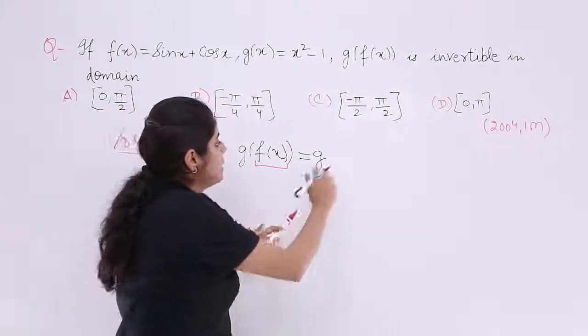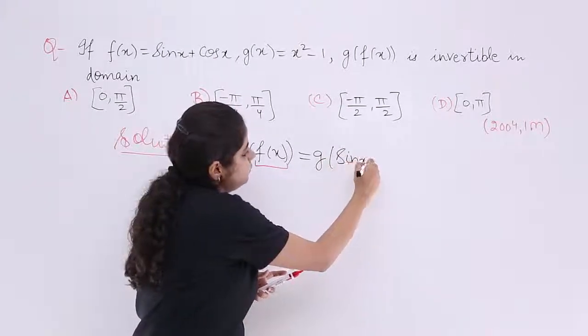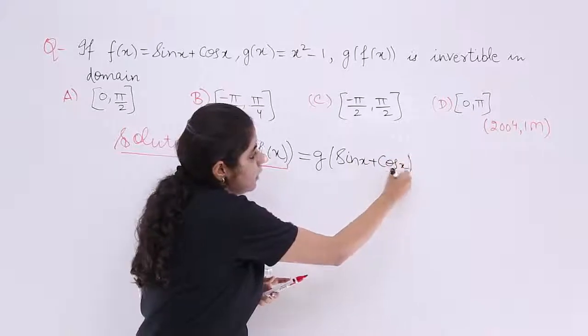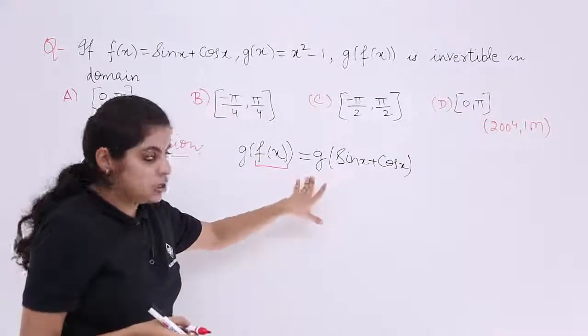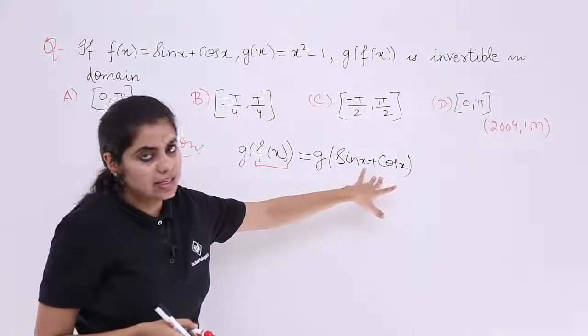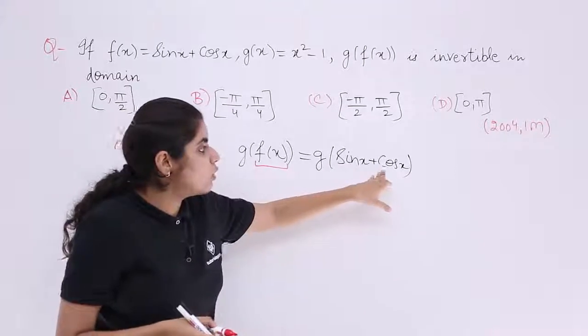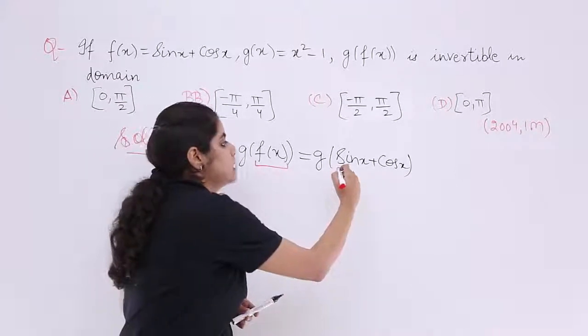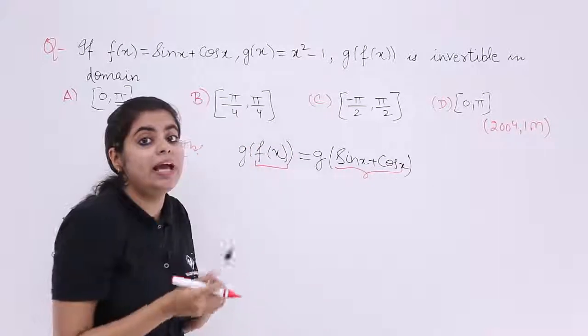Outside you have g, inside you have sin x plus cos x, so the whole of sin x plus cos x is acting as your x.